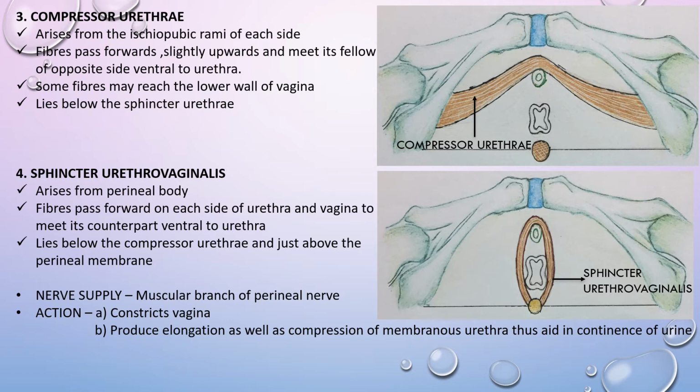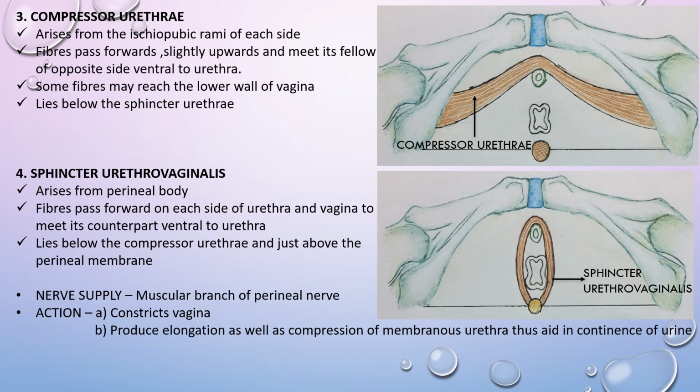The last muscle is the sphincter urethrovaginalis. This muscle arises from the perineal body. Fibers pass forward on each side of the urethra and vagina to meet its counterpart ventral to the urethra.